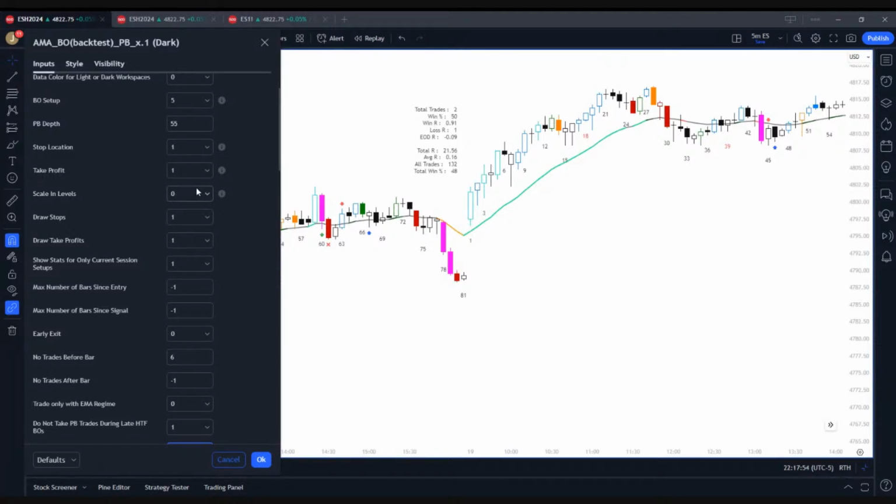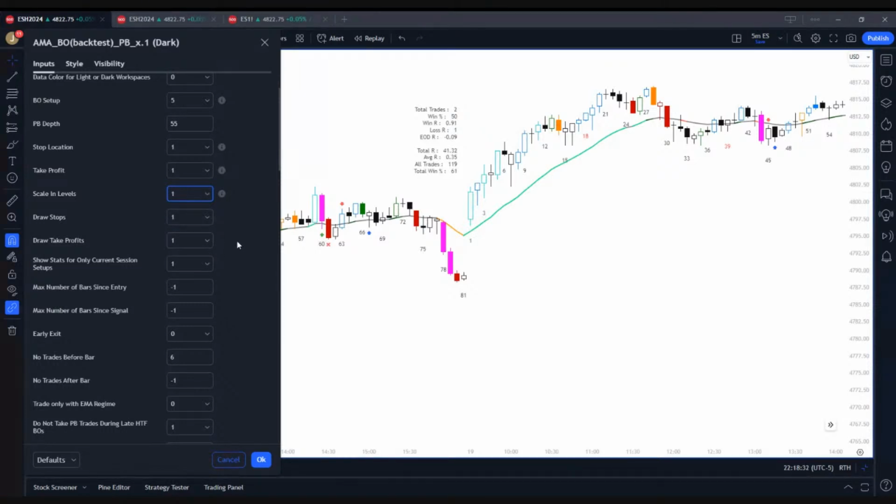So perhaps one of the most interesting aspects of this is if you scale in. And so scaling in here, in order to have this set, the stop location has to be at 1, because what the code does is it looks at the scale level 1, and then if we go to 2, all right.